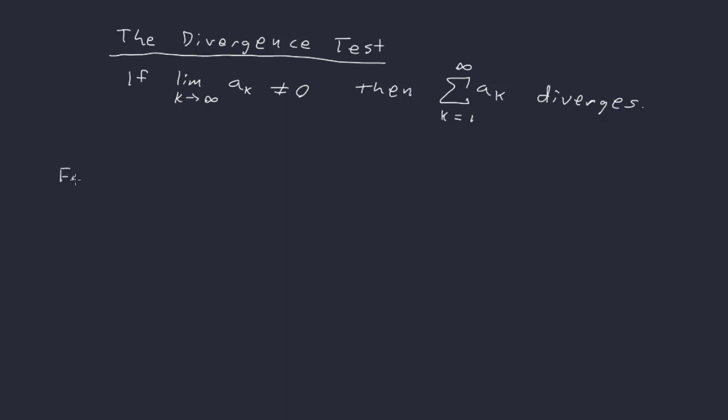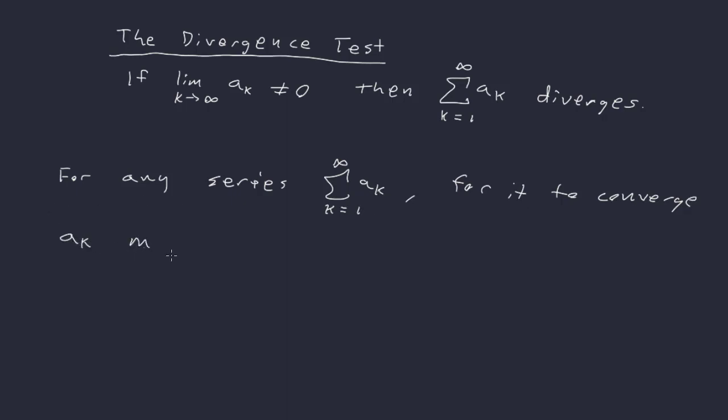So for any series, k going from 1 to infinity of a_k, for it to converge, the a_k's must converge to 0.